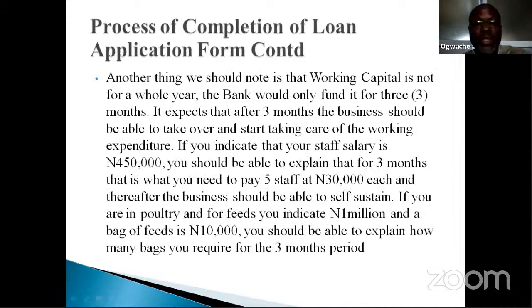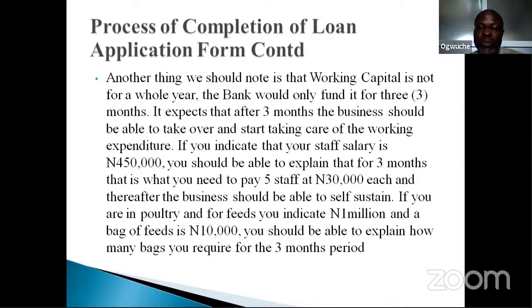So another issue in the area of working capital is that the bank does not support working capital for the whole year. Okay, the bank will only fund the working capital for 3 months. Okay, it expects that after 3 months, the business should be able to take over and start taking care of the working expenditure.